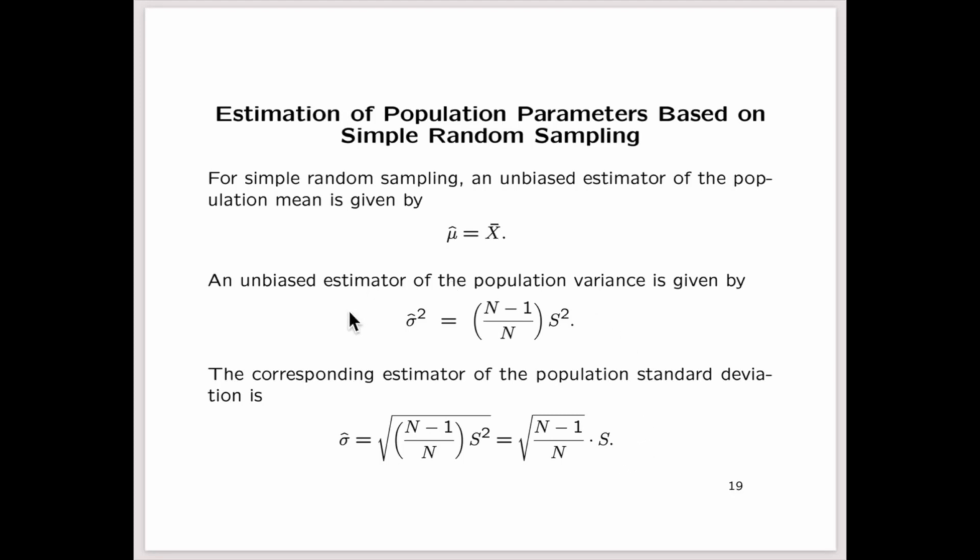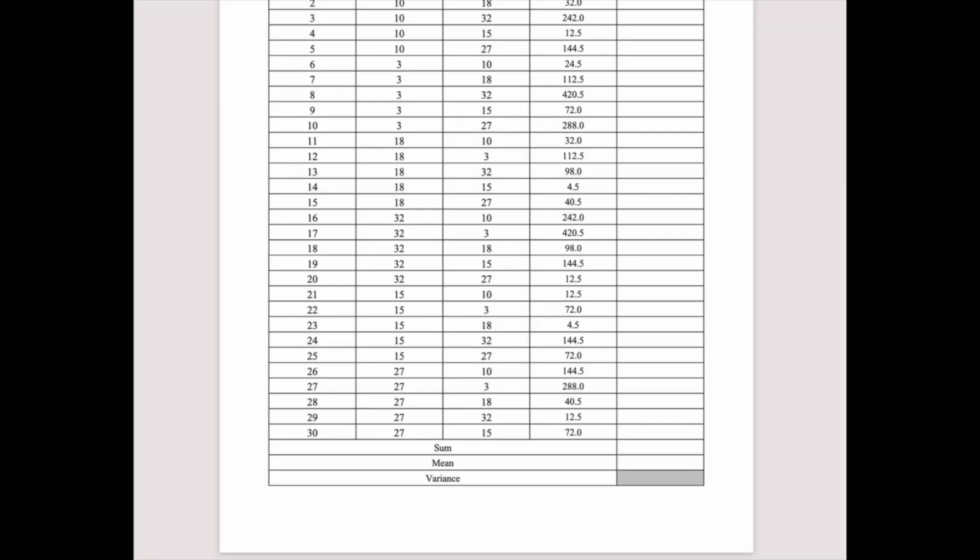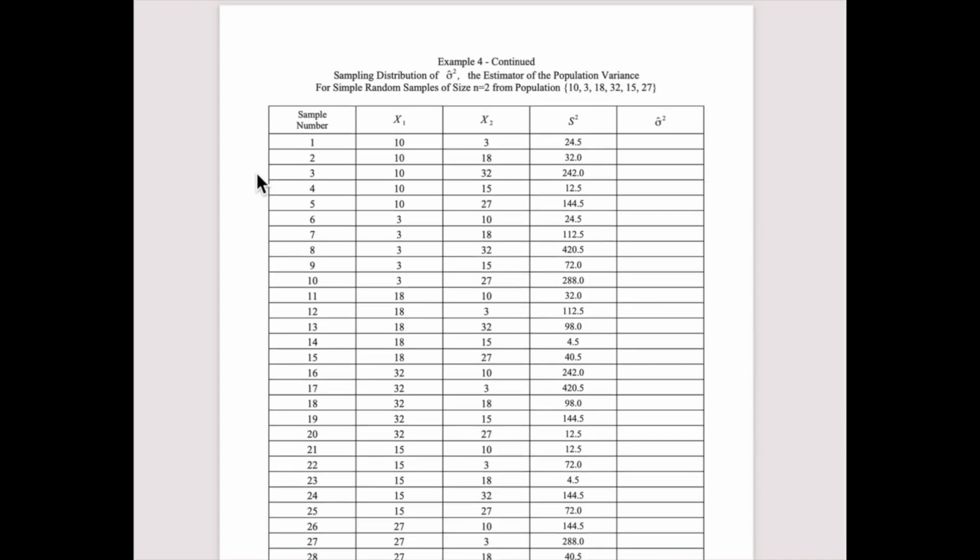Now let's use this formula for our unbiased estimator of the population variance. Let's apply it in the example we've been looking at and check to make sure that the estimator is actually unbiased. Here is a template we can use for this purpose.